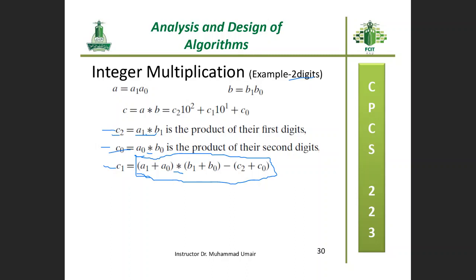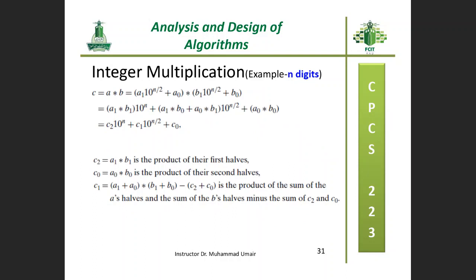And this reduction in the number of multiplications will be more significant if we assume that we have n digits in one number. How is it significant? We will use the divide and conquer approach. And here, if you see this expression, what is the meaning of this expression? For example, let me take a 4-digit number.